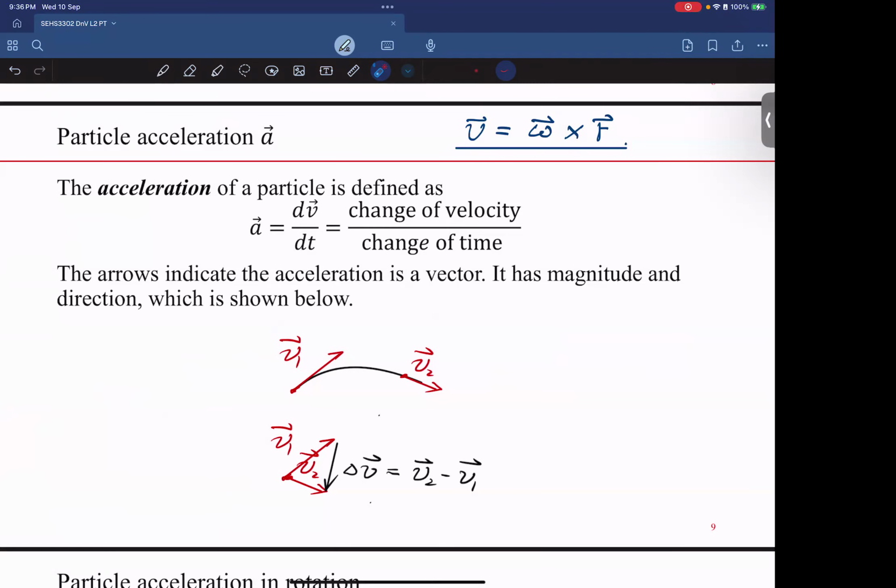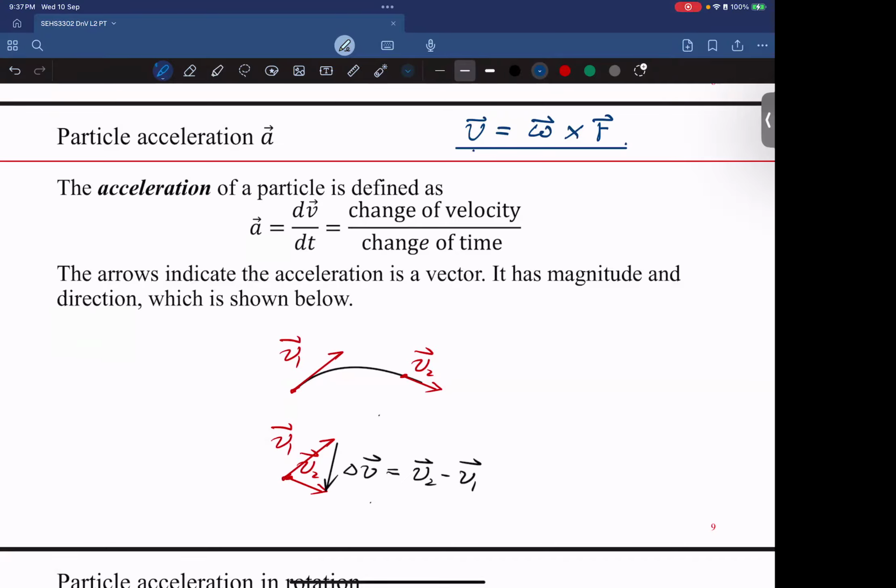If you need the mathematical background, you can come to the textbook, and there is an appendix named vector analysis that shows it. So after we got omega and r, we can calculate the cross product to get v. This is what we have learned for the rotation, and this is all about the velocity.